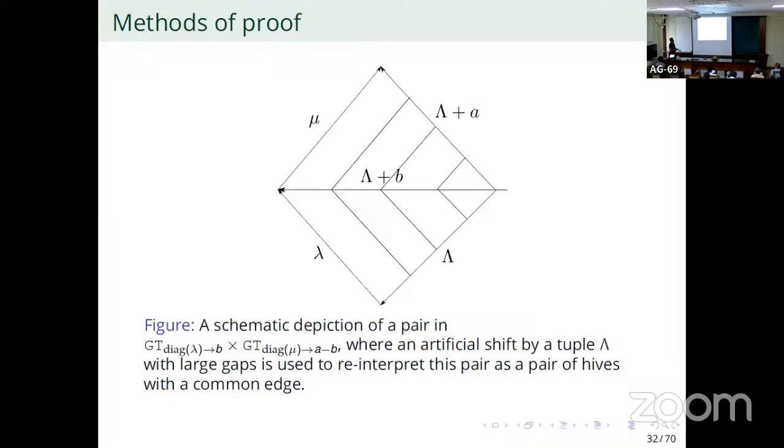So this is the base of the log concave measure. It's basically two Gelfand patterns with these creases here to indicate that you're putting large eigenvalue gaps to make them hives.